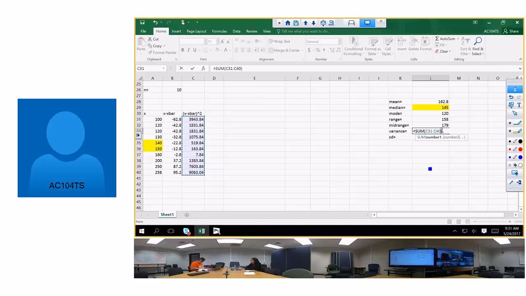Then I go up here and divide, open parentheses, click on the 10, which is the n, then minus 1, close parenthesis. Where's the n coming from? It's right there, the n.